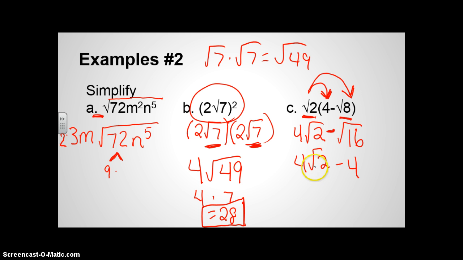So I'm just going to leave my final answer to be 4 times the square root of 2 minus 4. Don't forget to put that minus 4 there. That's my final answer.